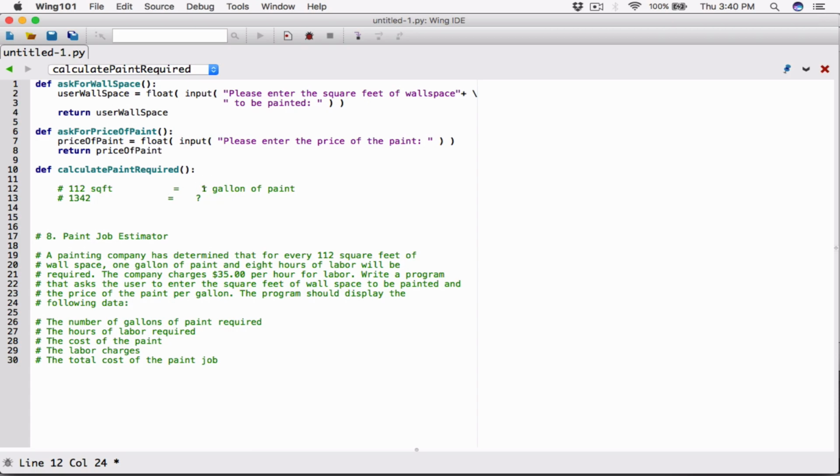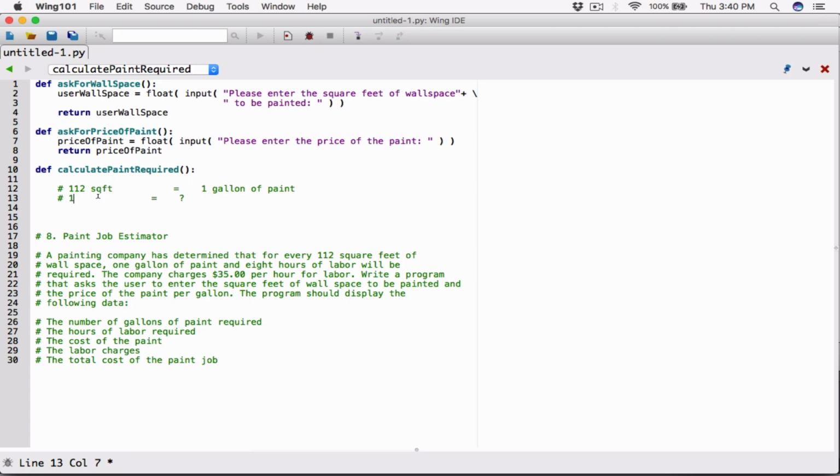We know it's going to give us more paints, but we don't know yet. 112 gives us 1, then 1342 will give us more, right? And if more, less divides. Less divides means the lesser number of these two goes under 1342. You end up multiplying by 1. So you realize that in every case, you are dividing by 112 and multiplying by 1.